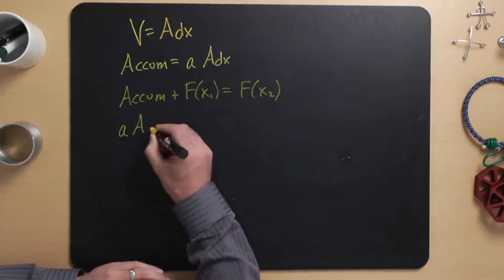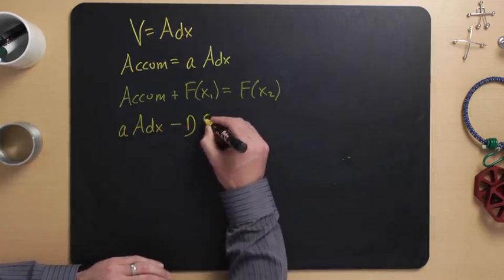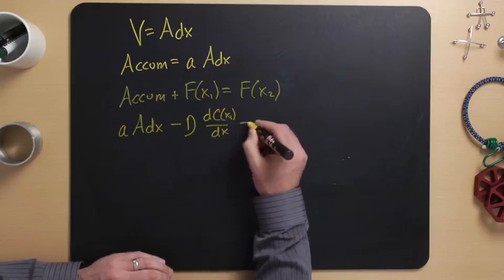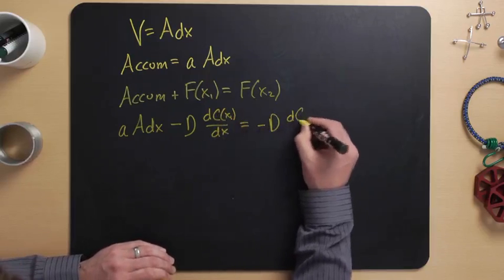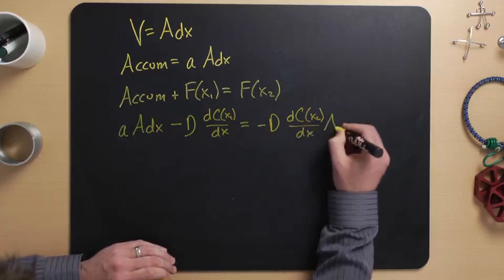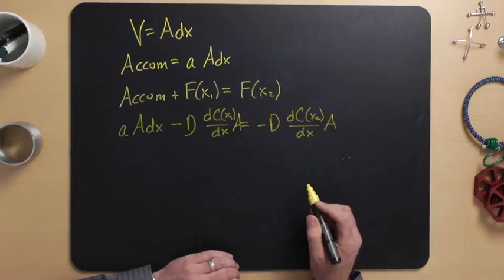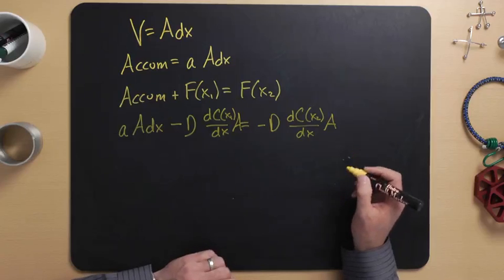Little a times big A dx minus D dc of x1 dx must be equal to minus D dc of x2 dx times A, and I'll put the A that I left out right there. Now we can divide by A and dx just like we did in lecture 14.